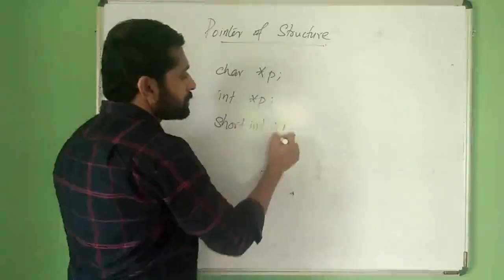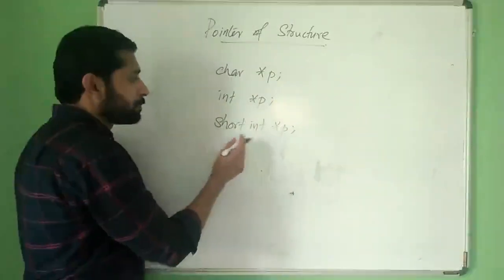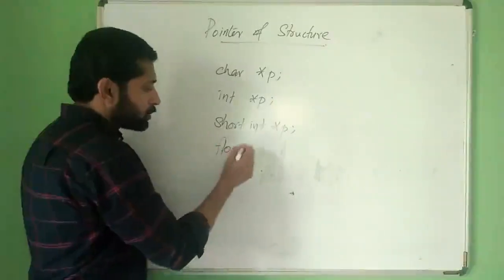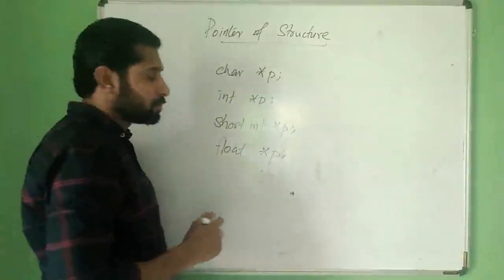short *p, in this case p is a pointer of type short. float *p, here p is of type float.